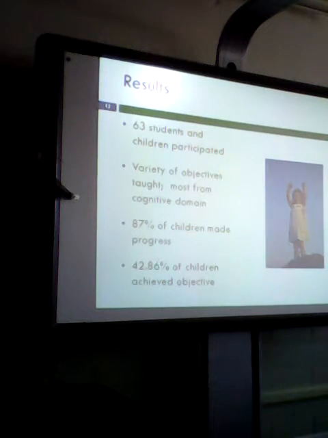So while you can see 42.86% achieved their goals, I think the important piece here is that 87% made progress. And with research, you're limited, it's time bound. So with more time, more students probably could have achieved their goal, but within the time restriction of the research, only 42% did.